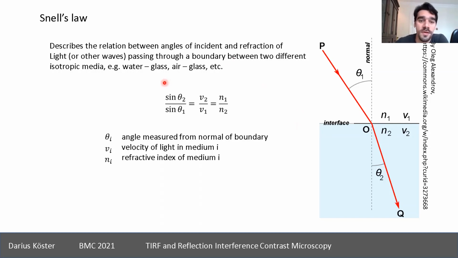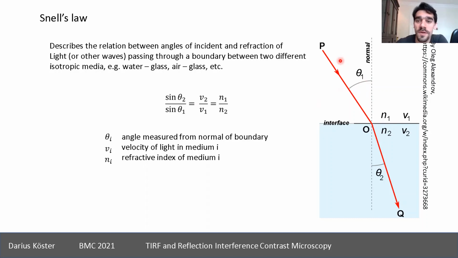If light passes from one medium to the other, there will be a difference of speed of light, which is related to the difference of refractive indices, and this is related to the angle at which the light is deflected.